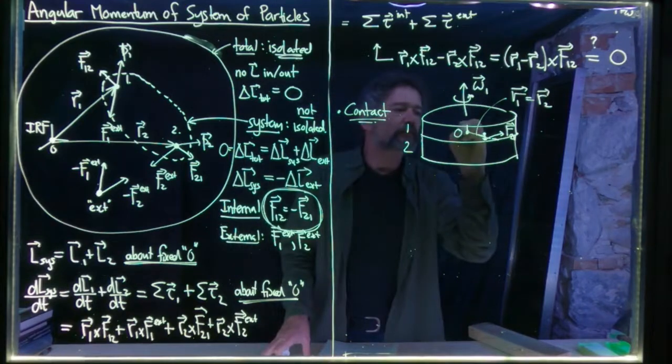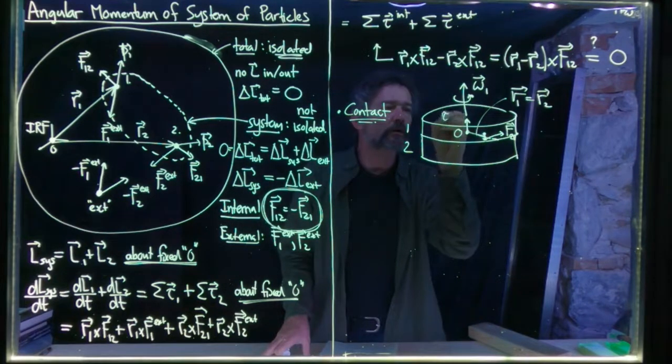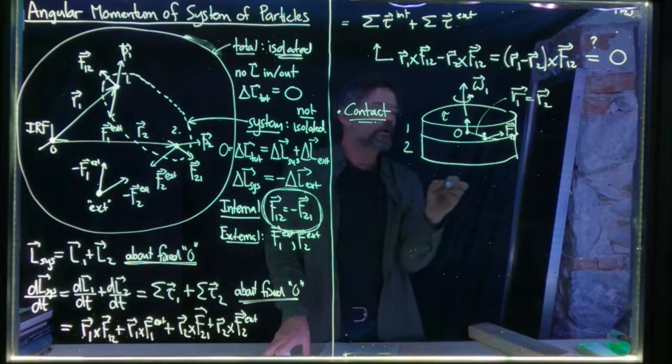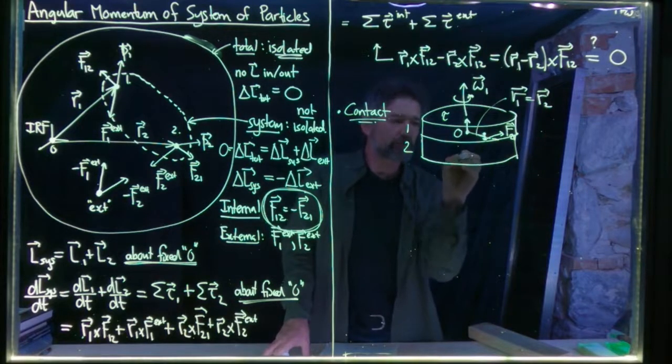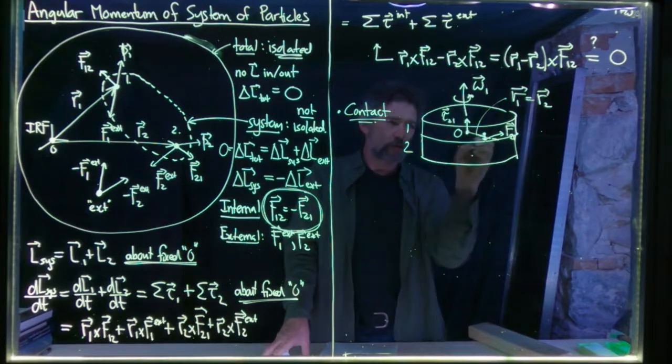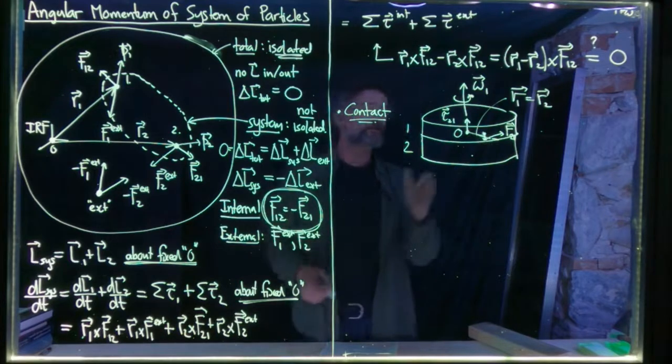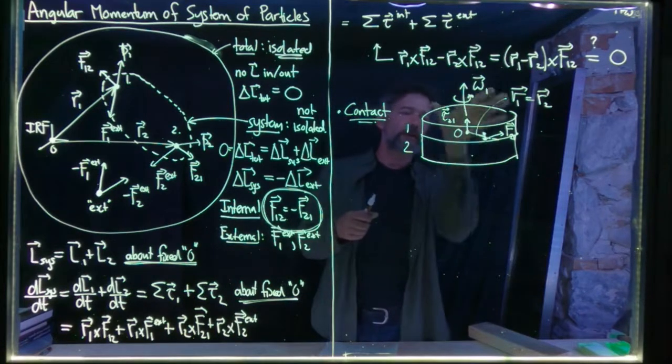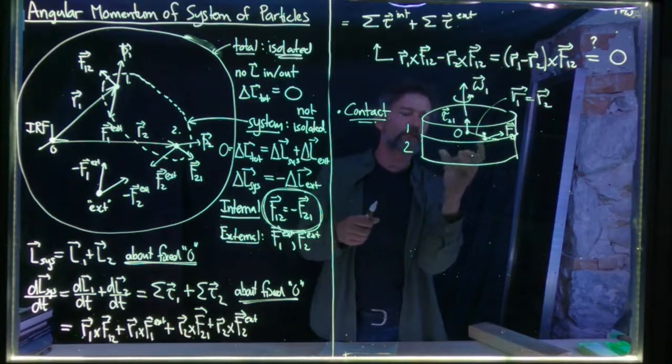So this vector here is the torque exerted on disk number 2 due to disk number 1, or the particle number 2 in disk number 2 due to the particle number 1 in disk number 1. Okay, and so what that is doing is we've got a spinning disk that's set down on top of a non-spinning disk.